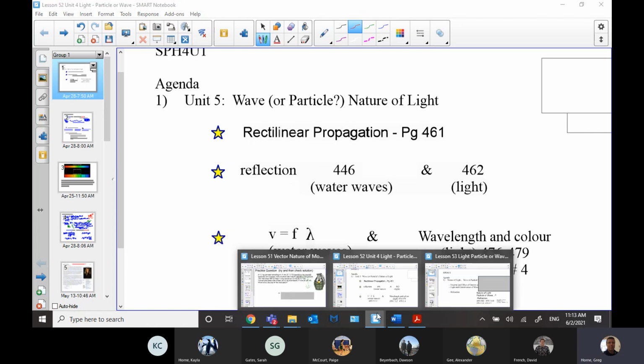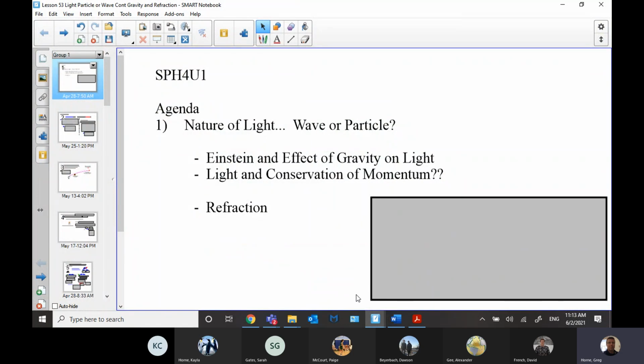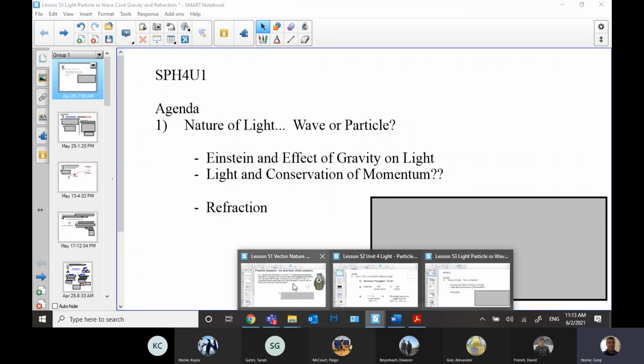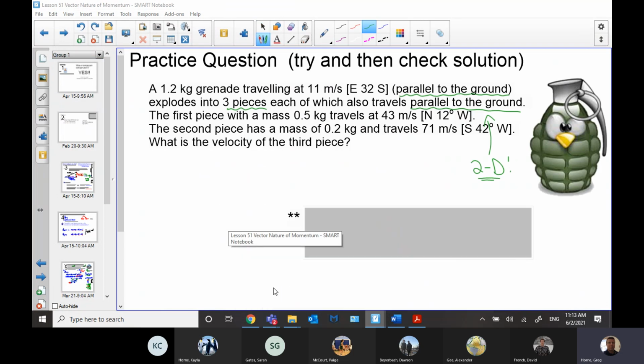All right. So I do have the refraction stuff left, but maybe that's good for today because there's going to be some calculations involved with that stuff, of course, right? So I'm going to take a look at my 5.1 lesson here.